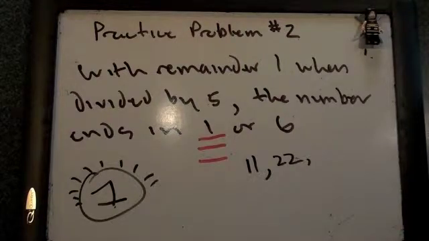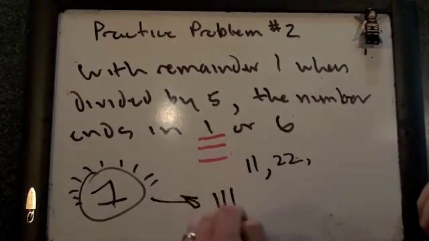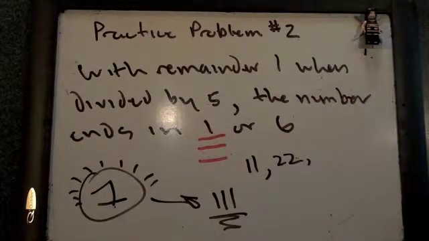So when you add 1 to 110, what do you get? 111. Does that have remainder 1 when divided by 5? Yep, because it ends in a 1. And does it have remainder 1 when divided by 11? Yes, because 110 is divisible by 11. So the next one is 111. Wow, that was pretty far away.